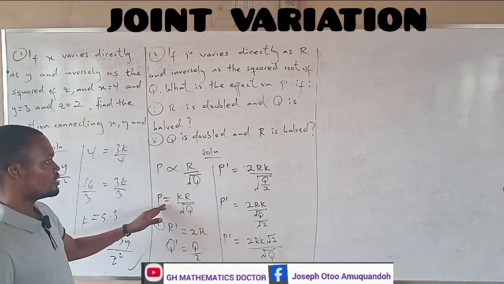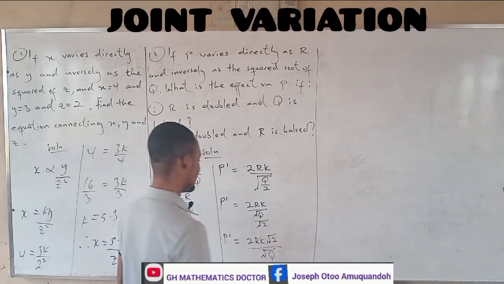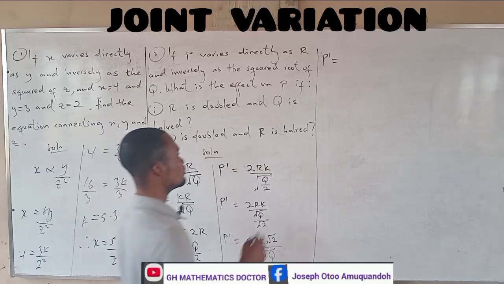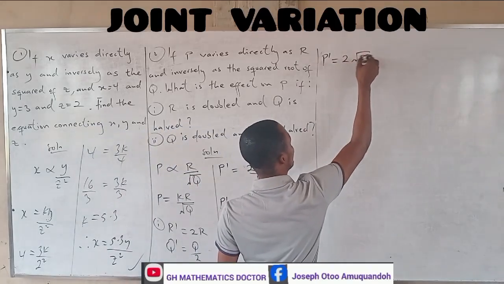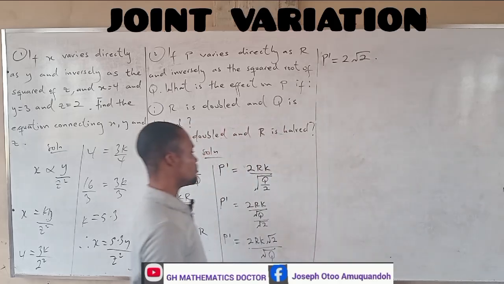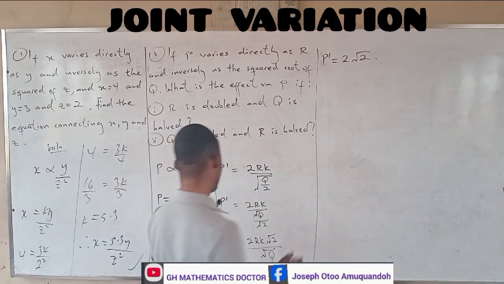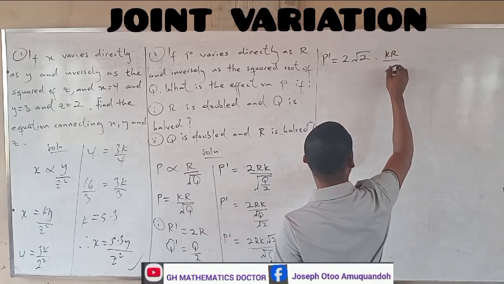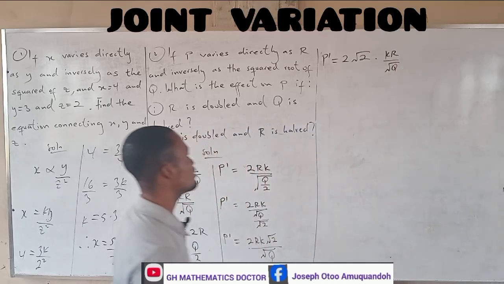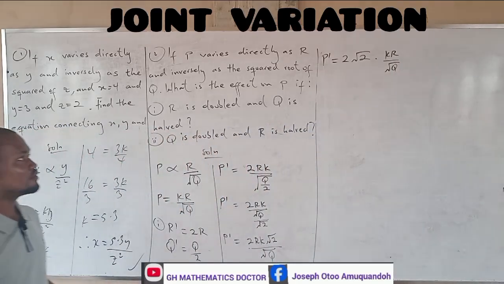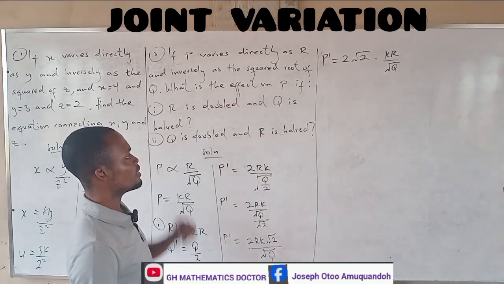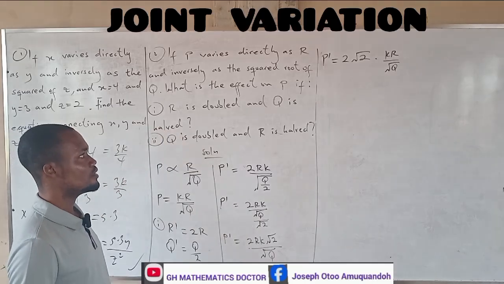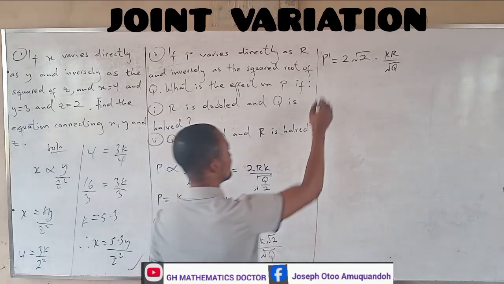In this form, you get P prime equal to 2 root 2 multiplied by the original relation, which is KR over root Q. So you can see the difference, and that is the effect we are talking about. If R is doubled and Q is halved, P will be multiplied by 2 root 2.